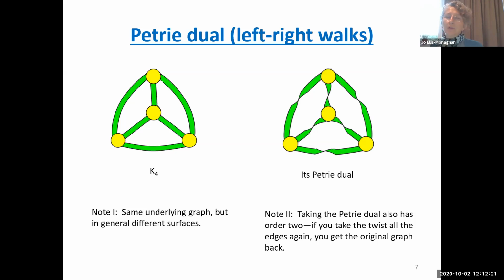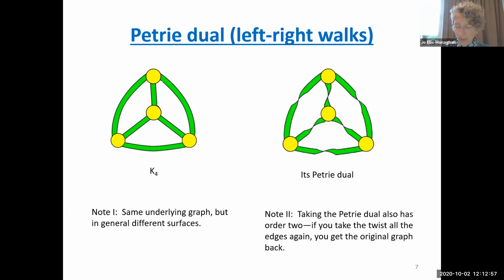Petrie duals, these are also called left-right walks. In a ribbon graph setting, they are what happens if you take each of the ribbon edges, detach one end, give it a half twist, and stick it back on. This is equivalent to looking at the graph in a surface and taking left-right walks as your new faces.